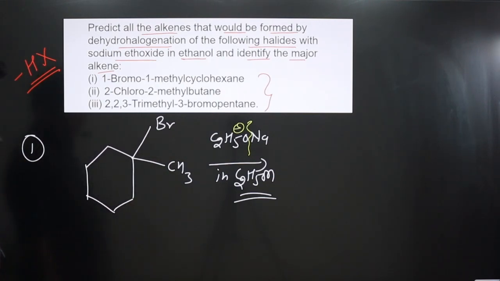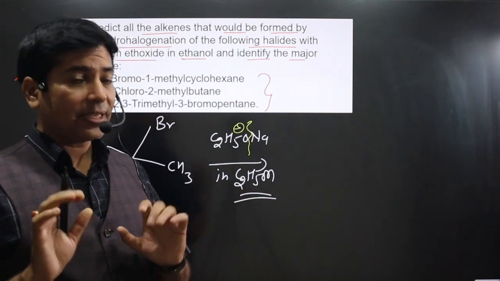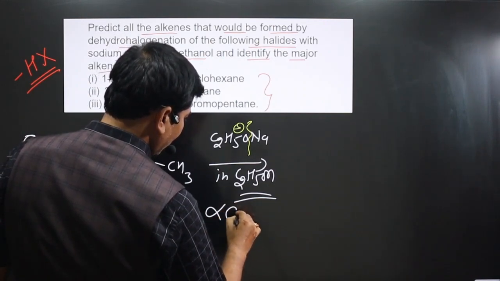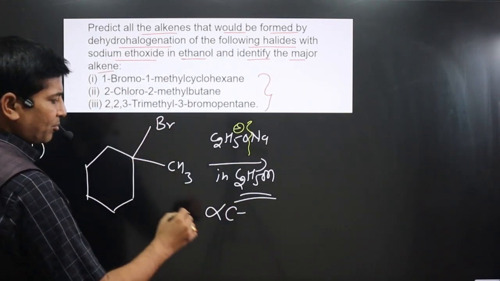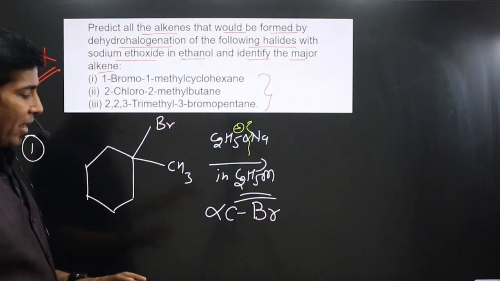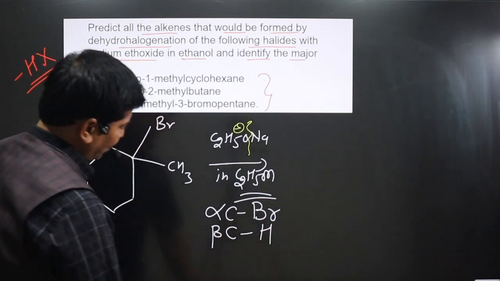Now pay attention carefully. How do we complete an elimination reaction? Always keep in mind, from the alpha carbon we remove the halogen, which here is Br, and from the beta carbon we remove hydrogen.